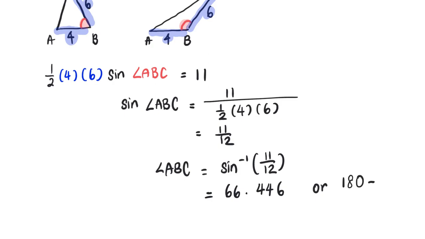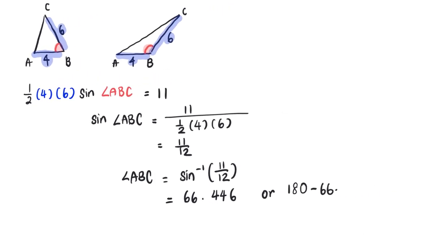And we do know that this is what happens. As long as the obtuse and acute angle add up to 180, their sine ratio is the same. So I will have two answers. One is 66.4 degrees to 1 dp.